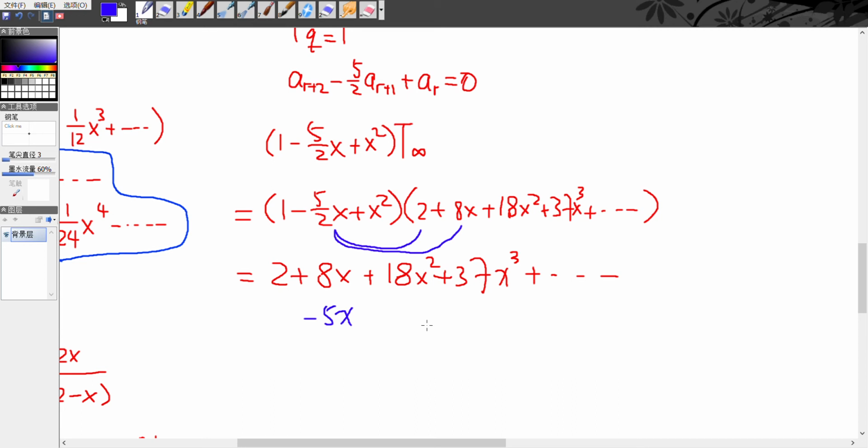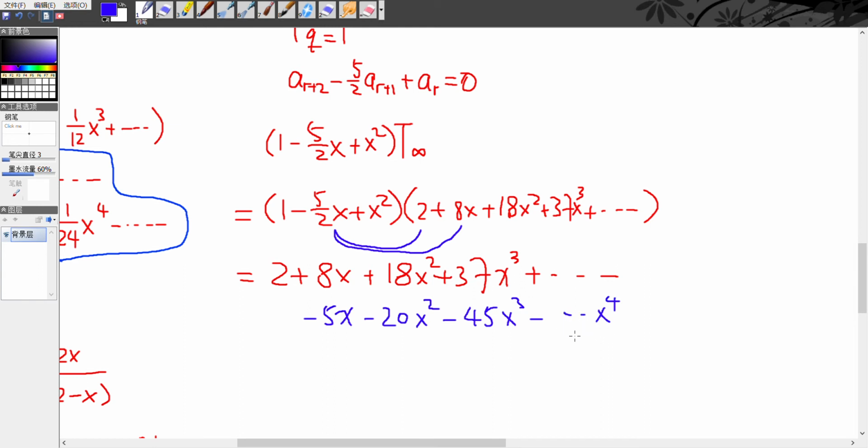So this equals negative 20x squared, minus 45x cubed, minus something x to the 4th.